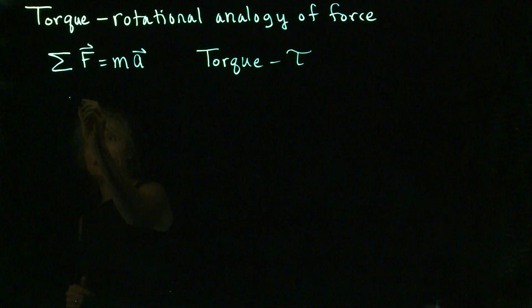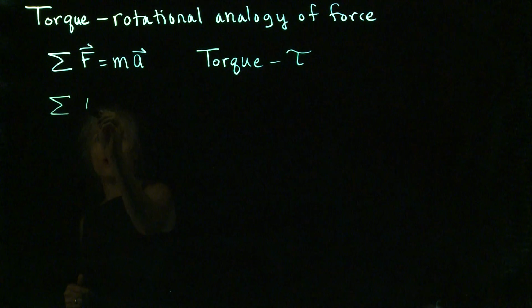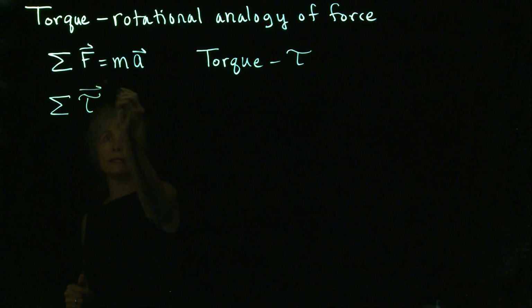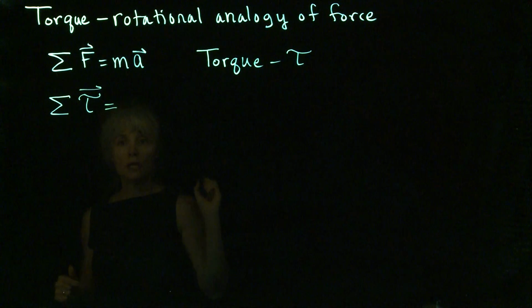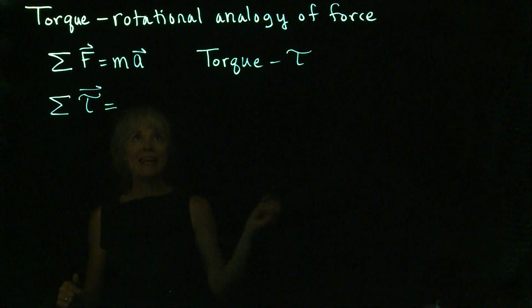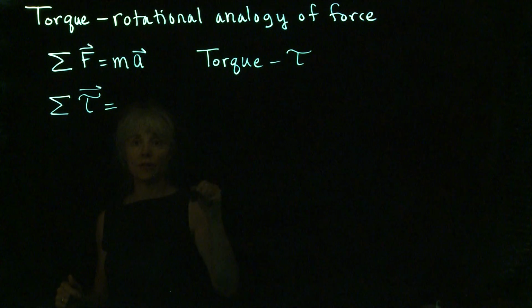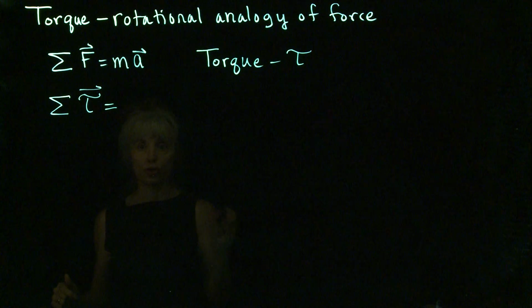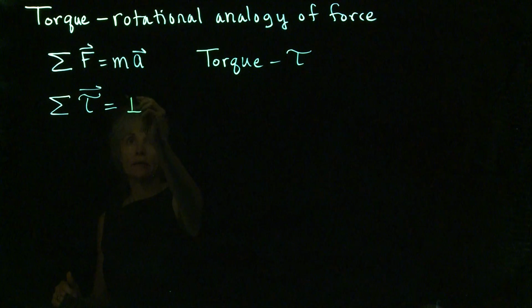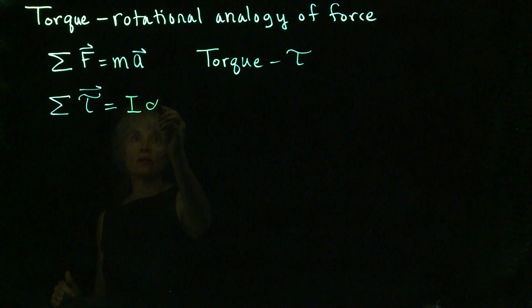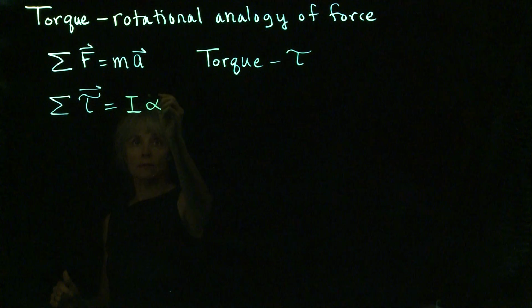So I can write then that the sum of all of the torques acting on an object will be equal to that object's analogy to mass in the rotational world, and that's called rotational inertia, I, times its angular acceleration, alpha.